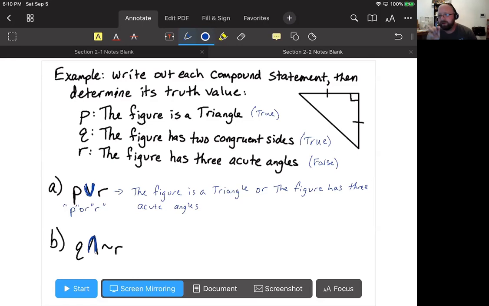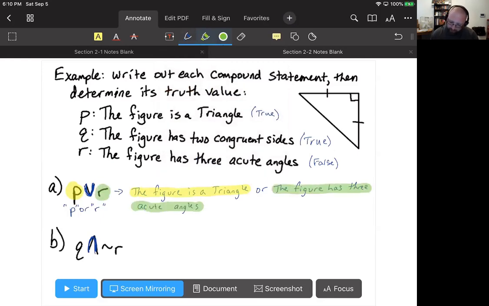Now remember that there's a difference between "and" and "or" when it comes to truth value. For "and," both original statements have to be true. For "or," only one of the two original statements has to be true. So when we want to know the truth value of this statement, because P was true, the figure is a triangle, it doesn't matter that R is false.